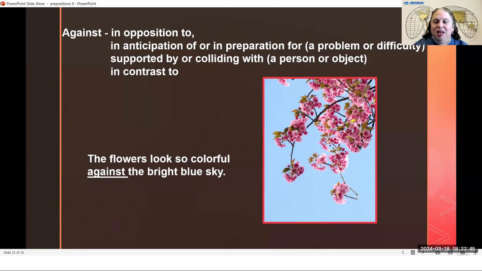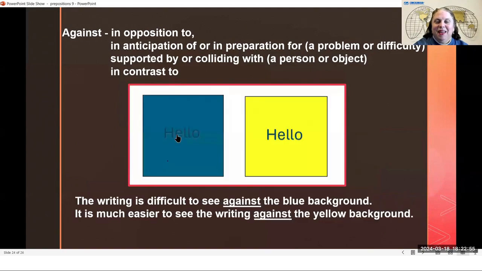Let me show you another example. This example shows that it matters what you hold something against. It says the writing is difficult to see against the blue background. It is much easier to see the writing against the yellow background. If I put this blue writing against a blue background, it is kind of hard to see.